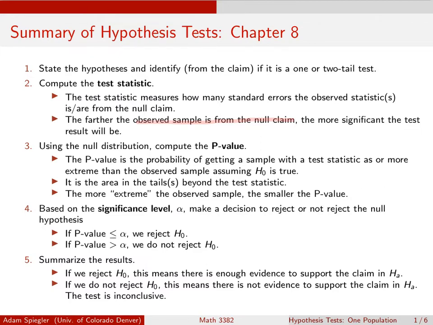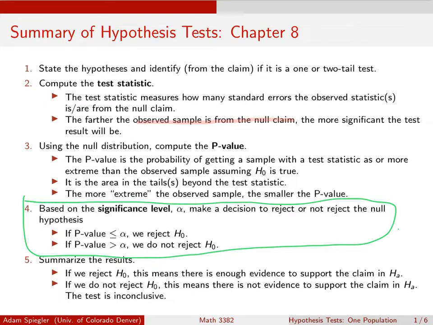And now a new part of this process that we haven't talked about so far is step 4, which is using the significance level. And we'll talk about this significance level in more detail, like what does it represent and why would we want to set different values for this significance level.